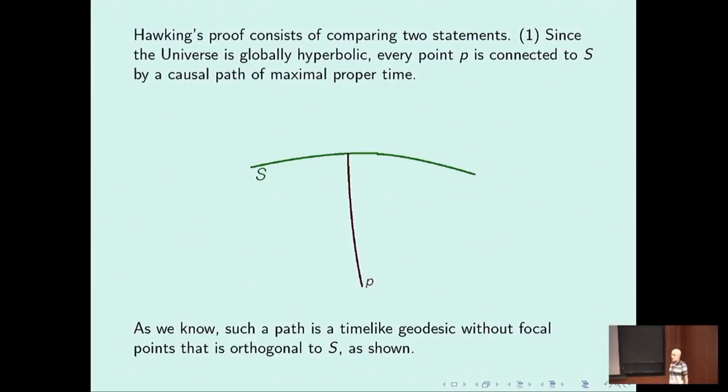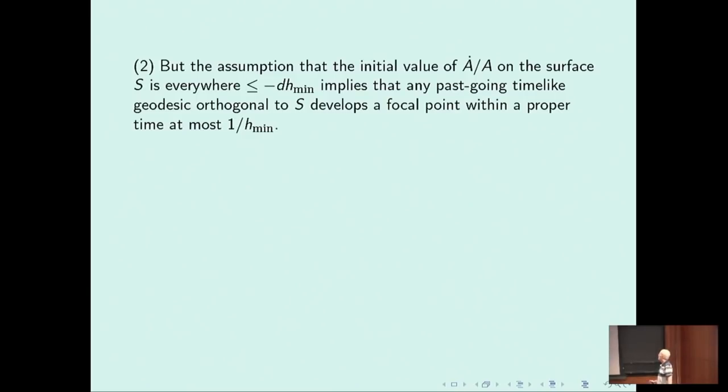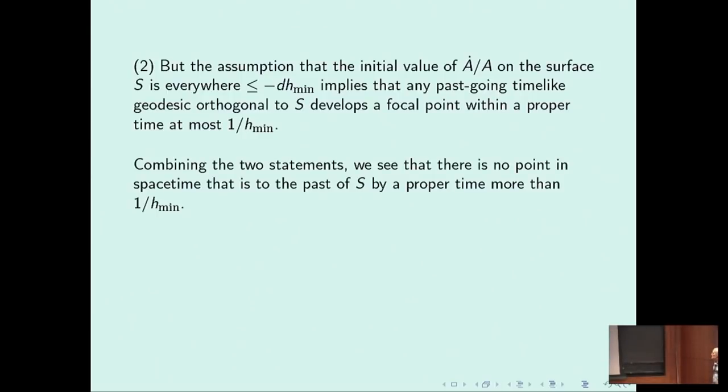So that was the first statement. The second statement is that the initial value of a dot over a being less than minus d h min implies that any past-going time-like geodesic orthogonal to S develops a focal point within a proper time at most 1 over h min. So if you combine the statements, you see that there's no point in space-time that's to the past of S by a proper time more than 1 over h min.